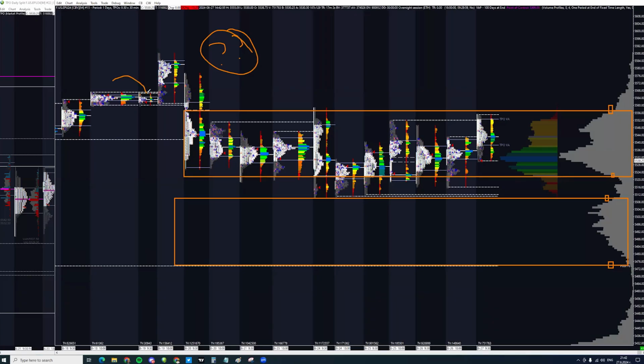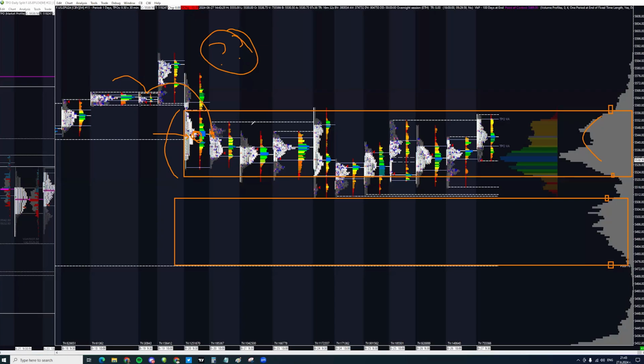If price is able to break down into the balance from a higher area, that generally tells us that you have very heavy selling going on in the market if we're able to penetrate an area of such heavy volume. Now, this would require prices to open and close within that balance. So if the prior session closes and the overnight session closes within the balance, there's typically going to be an understanding that we're going to remain in that balance.